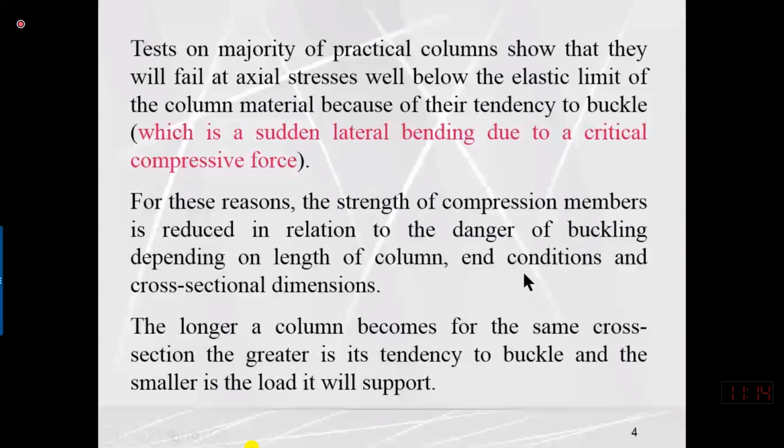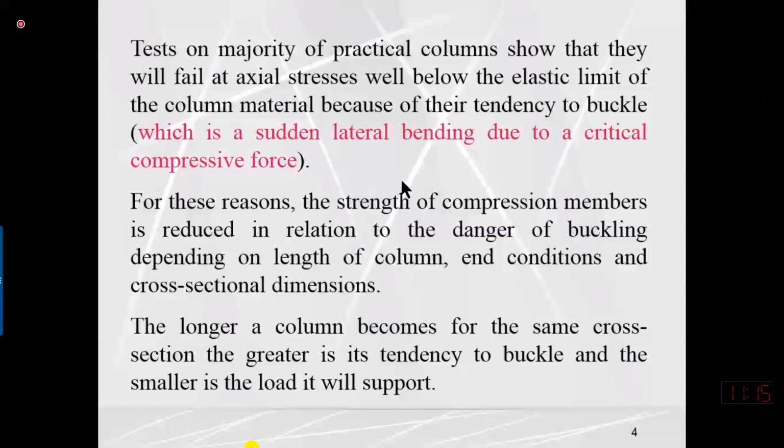For this reason, the strength of a compression member is reduced in relation to the danger of buckling, depending upon the length of the column, end condition, and cross-section dimension. So here we have concluded that the strength of a compression member does not depend upon area. Just like in a tension member, how to design, we determine the minimum area required to avoid the yielding failure or rupture failure.